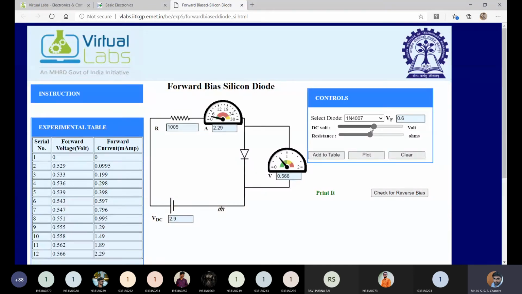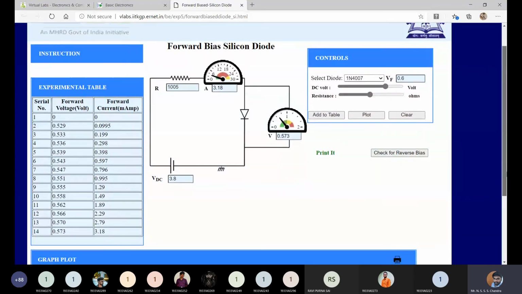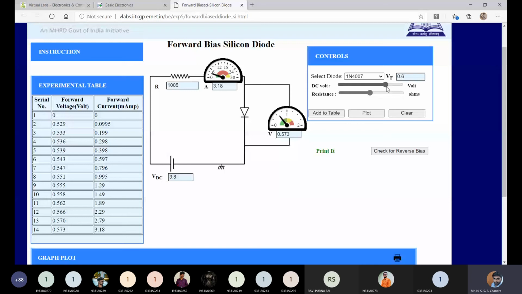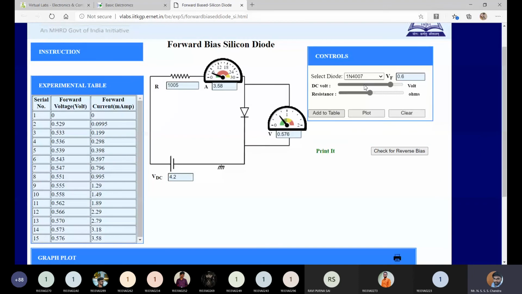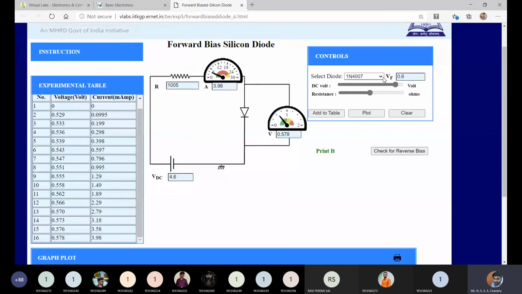So I'll increase it further. 0.57. 0.573. 0.576. 0.578.